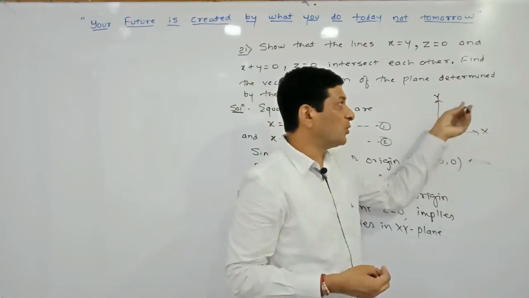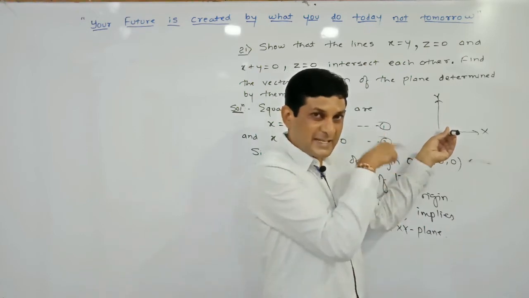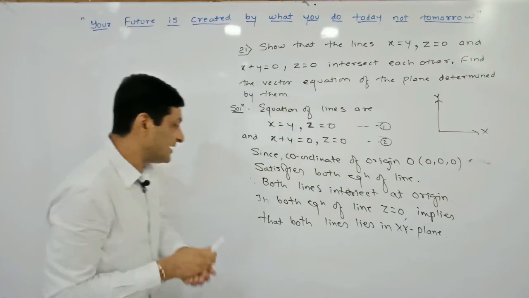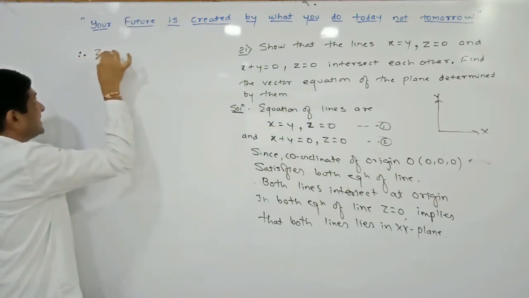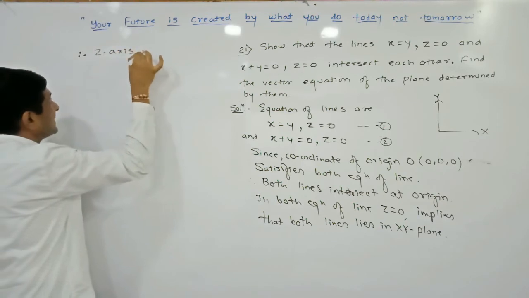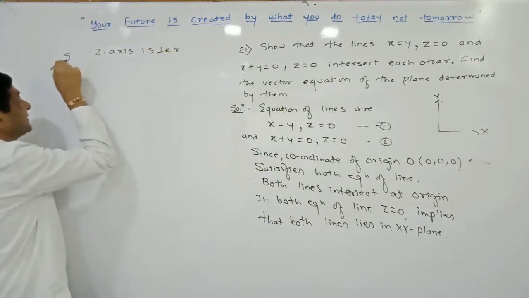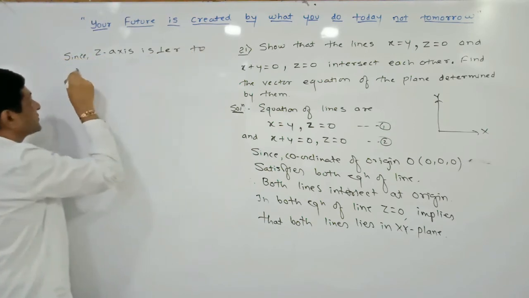So if both lines lie in the XY plane, the z-axis is perpendicular to the XY plane. Therefore, the z-axis is perpendicular to the plane.